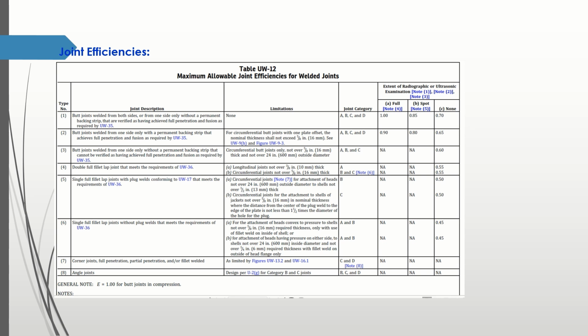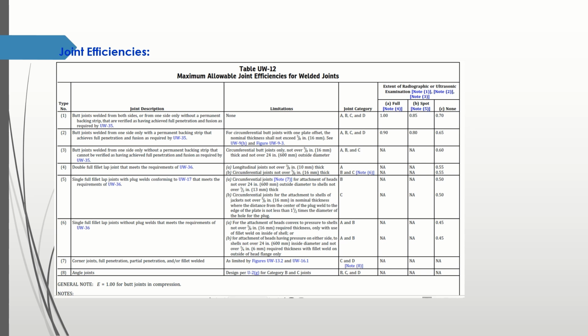If your butt weld is type 1, then for full radiography you can consider a joint efficiency of 1. For spot radiography, you can consider 0.85, and for no radiography, 0.7.